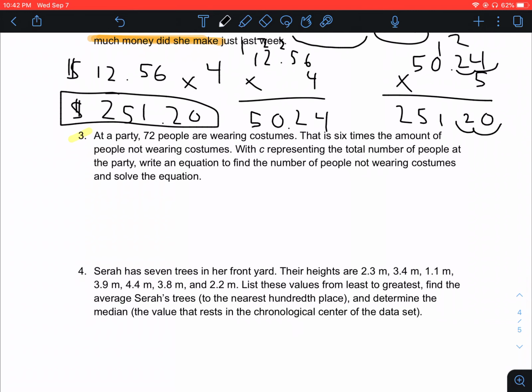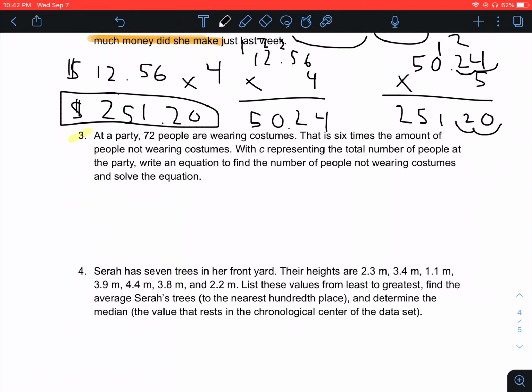Okay, number 3. At a party, 72 people are wearing costumes. That is 6 times the amount of people not wearing costumes, with C representing the total number of people at a party. Write an equation to find the number of people not wearing costumes and solve the equation.